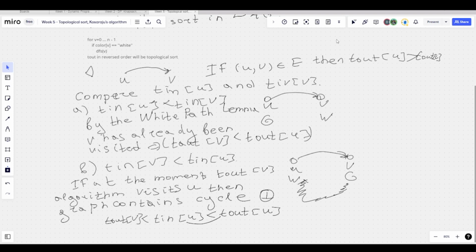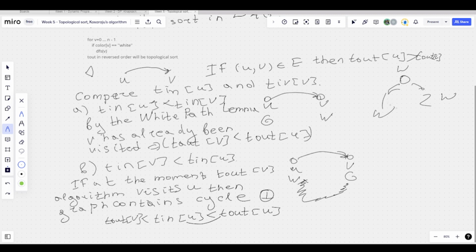By time I mean the order of our DFS. If we have some graph, we have some colors for this graph, and in different times we have different states of the graph.